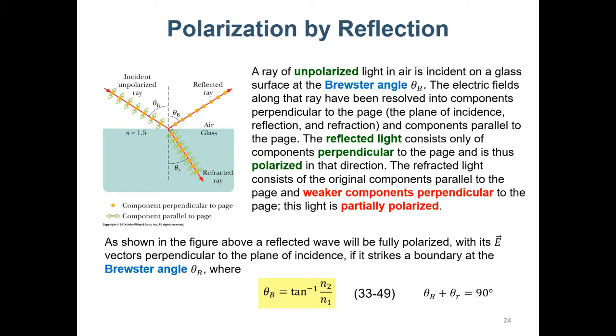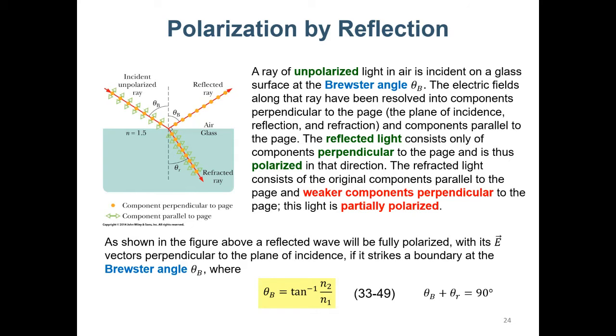So we have sine theta 2 equals cosine theta b, which is sine of pi over 2 minus theta b, which means theta 2 equals pi over 2 minus theta b.